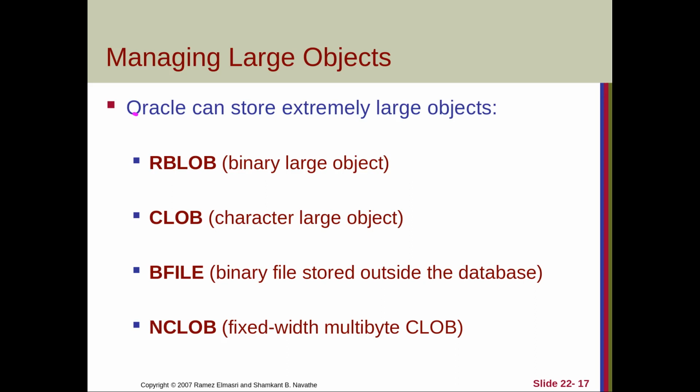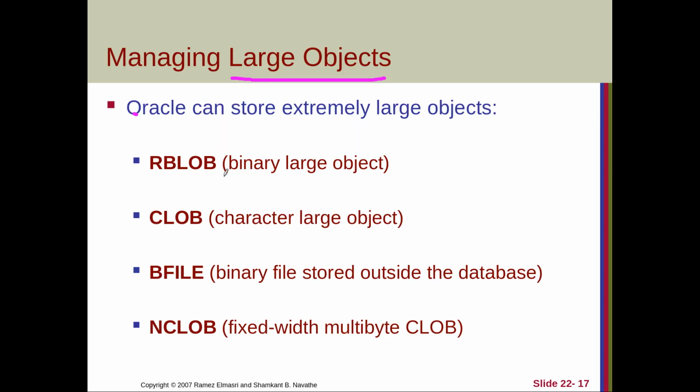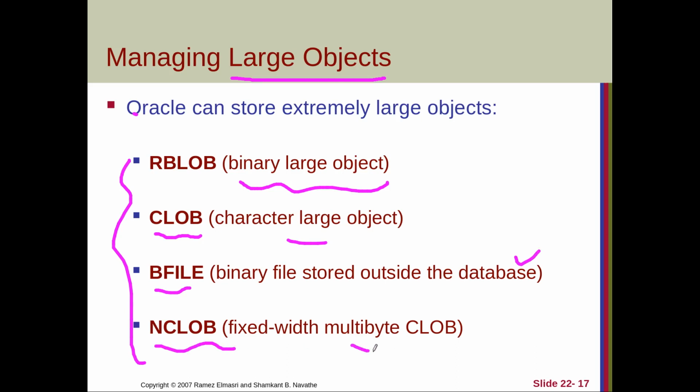Then other than that, Oracle also deals with large objects. It can manage large objects, some examples being BLOB, that is binary large objects, then character large objects, then binary file that is stored outside the database, and fixed width multi-byte character large objects. Traditional SQL or SQL 99 does not deal with these larger objects, but Oracle has support for dealing with them.